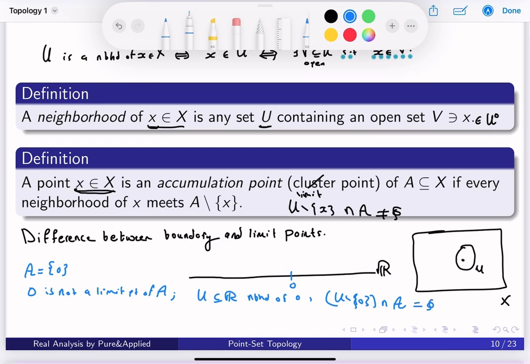And this is bad, right? Because it contradicts the definition of limit or accumulation points. So 0 is not a limit point.